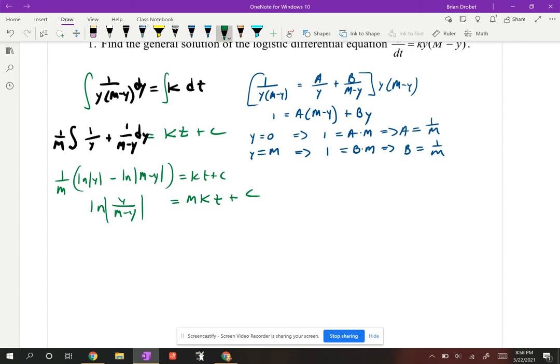Now, I need to solve this for y. So I'm going to raise both sides to the power of e. And when I do that, I'm going to end up with the absolute value of y over m minus y is equal to e to the mkt plus c.